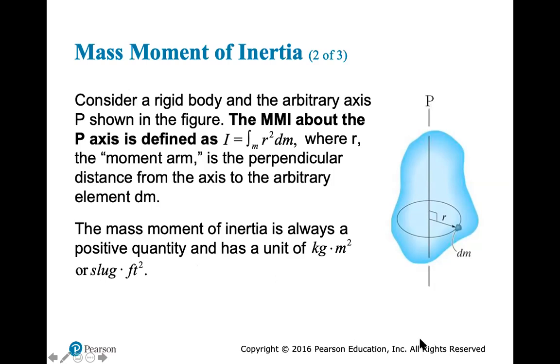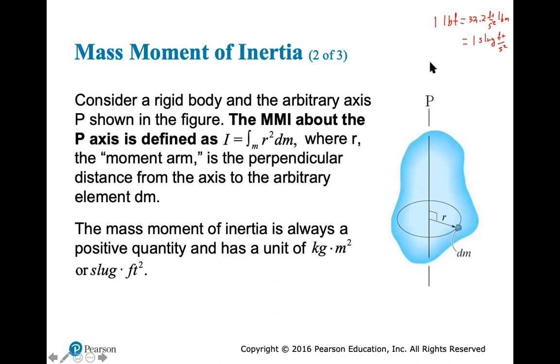Remember that 1 lbf equals 32.2 feet per second squared times 1 lbm, but it's also equal to 1 slug feet per second squared.